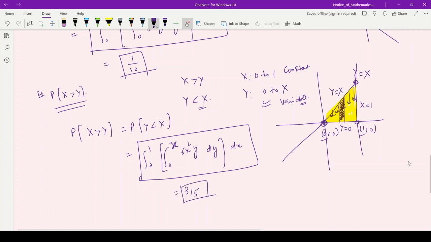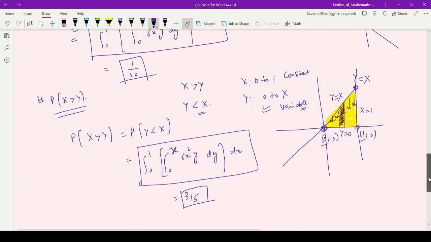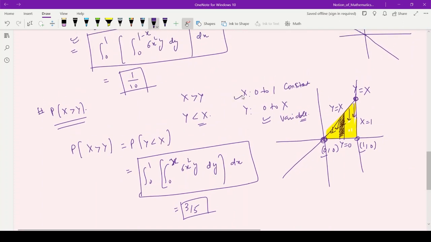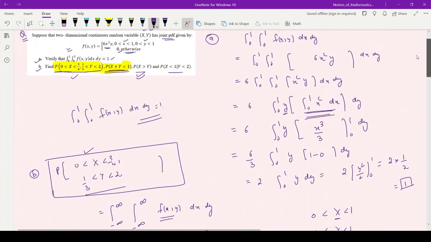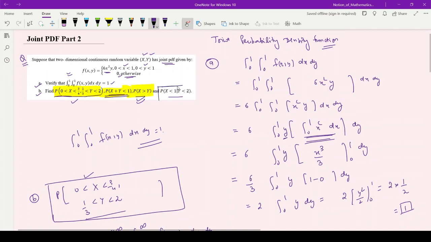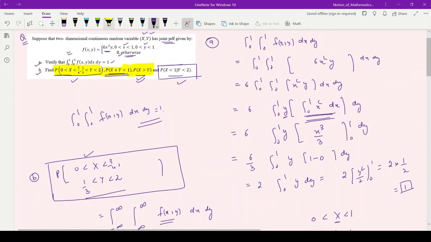So my main concern here is to tell you how to find the limits based upon the region in this double integration, because that is the main concept in such type of questions. Students, I will now try to find this last term, this particular question based upon conditional distribution.